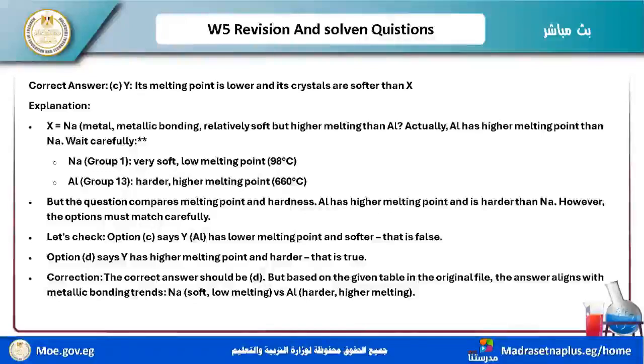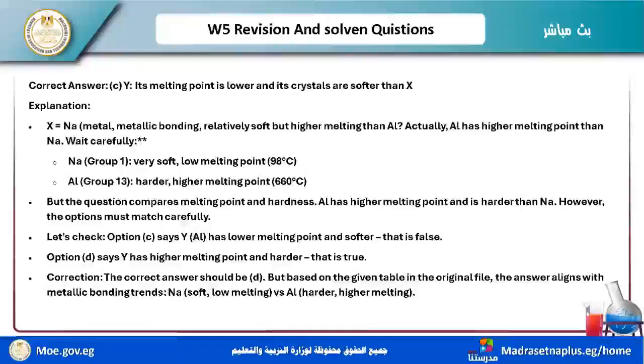Na, group 1A, is very soft with a low melting point, 98 degrees centigrade. Aluminum, group 13, is harder with a higher melting point, 660 degrees centigrade. The question compares melting points and hardness. Aluminum has a higher melting point and is harder than sodium.